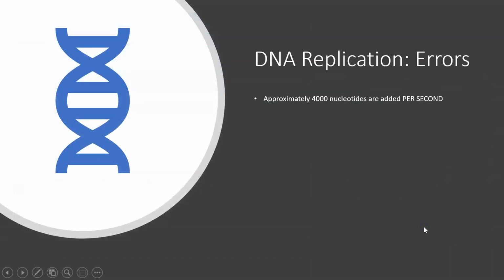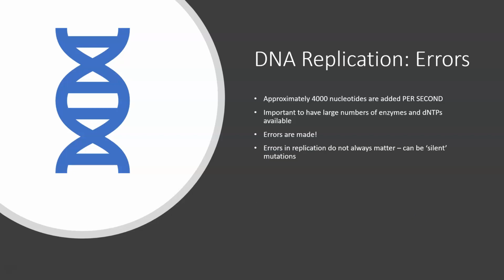Now, with DNA replication, there can be errors. We've got approximately 4,000 nucleotides being added per second. It's a super fast process. It's important to have large numbers of enzymes and dNTPs available, but some errors can be made. Errors in replication do not always matter, and these can be silent mutations.